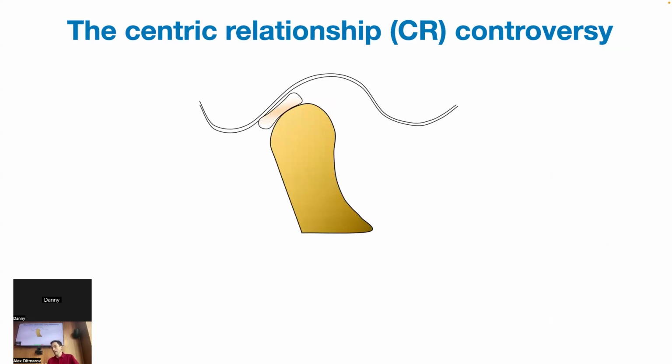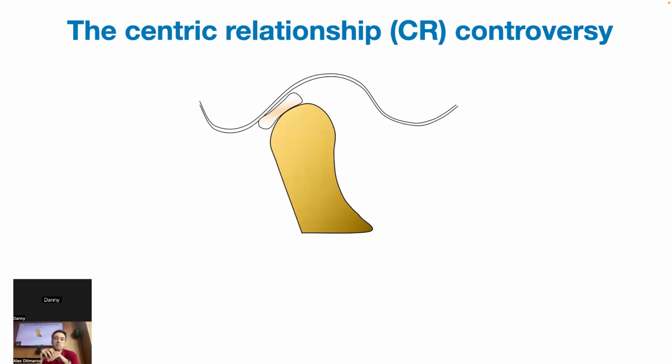Okay, so this actually leads us to this centric relation controversy, which is still a big thing, and Dr. Yakub will talk in details about the CR controversy. But I want to just touch the surface. So there was a movement, and it was called gnathology.